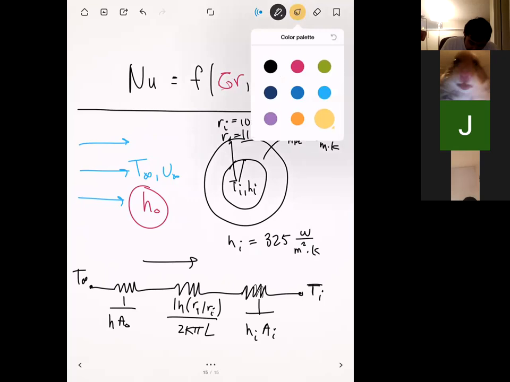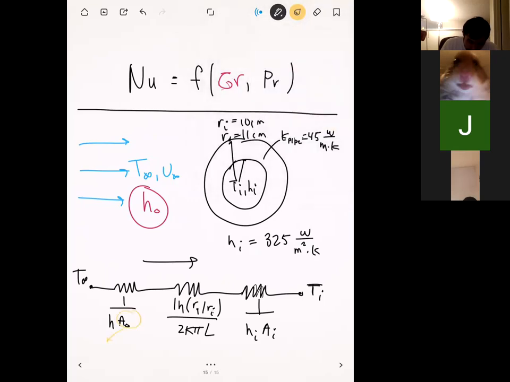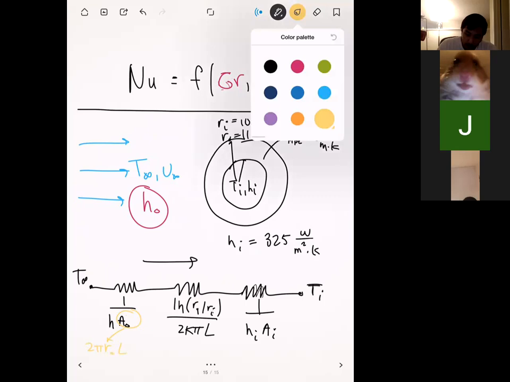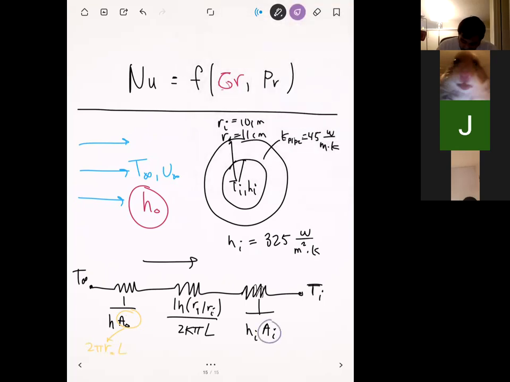Since Ao is the outside of the cylinder, this is going to be 2 pi Ro times L, and for Ai, this is 2 pi Ri L. And then from here, you just take the temperature difference between the two, divide it by the total resistance, and that should give you the Q loss.